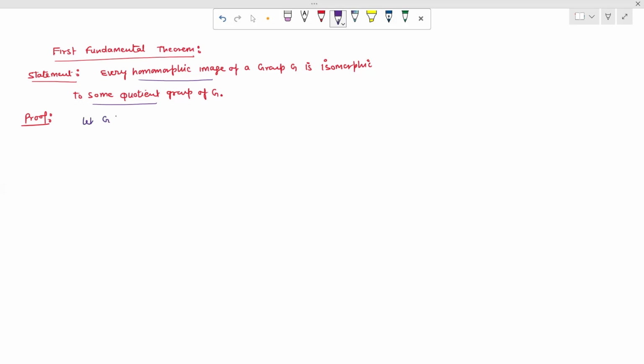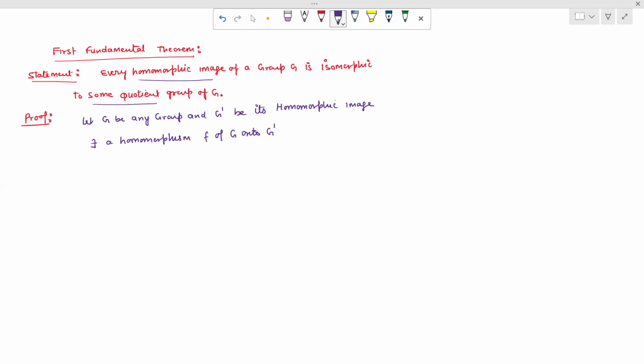So let G be any group, and we take G dash to be its homomorphic image. So there exists a homomorphism f of G onto G dash, because it has the homomorphic image.